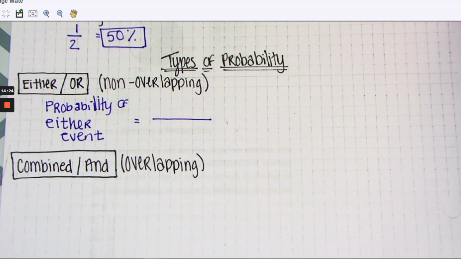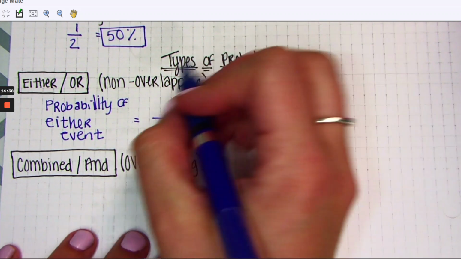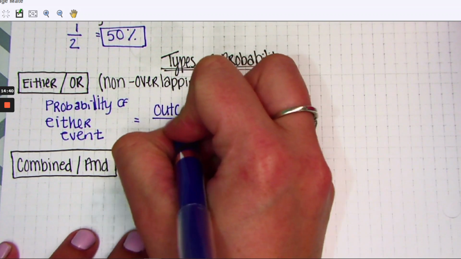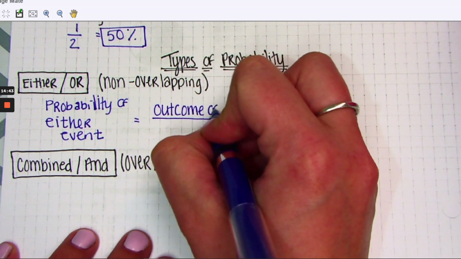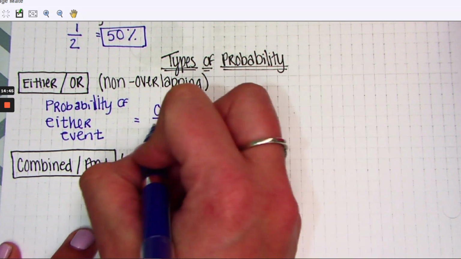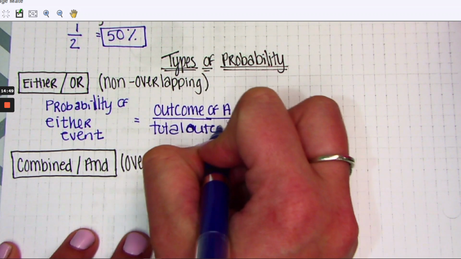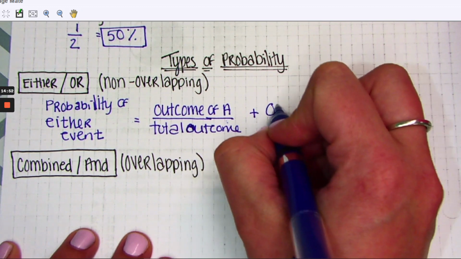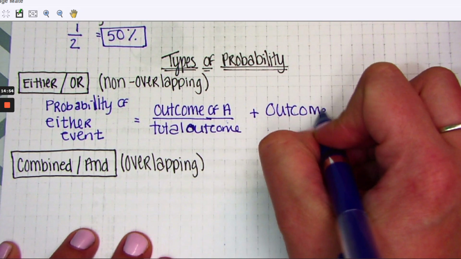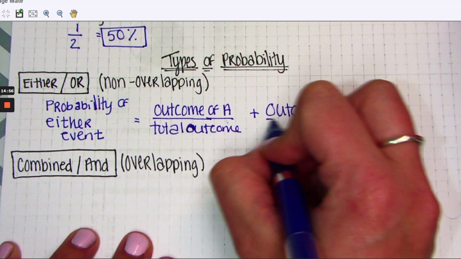You have 10 pairs of socks. And you don't want them to match. You pull out one pile and you pull out of another pile. That is non-overlapping probability. The outcome of A over the total outcome plus another outcome of B over the total outcome.